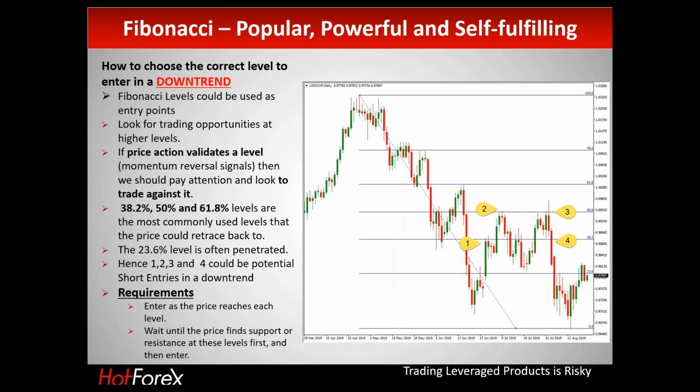However, this is the most important example, because over here we can see how we could use these Fibonacci levels as entry points, target levels, and so on and so forth. Let me demonstrate it live for you.